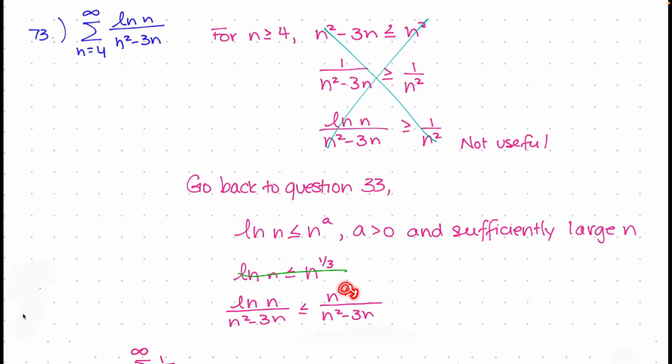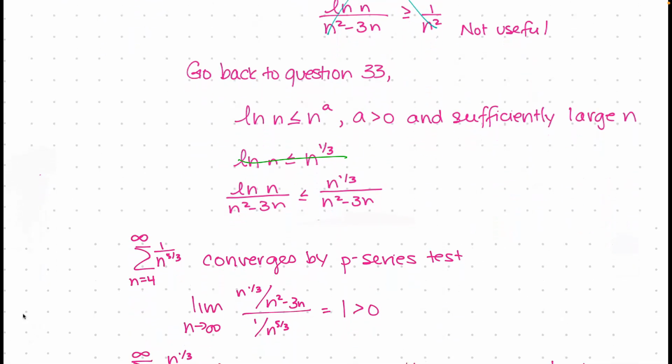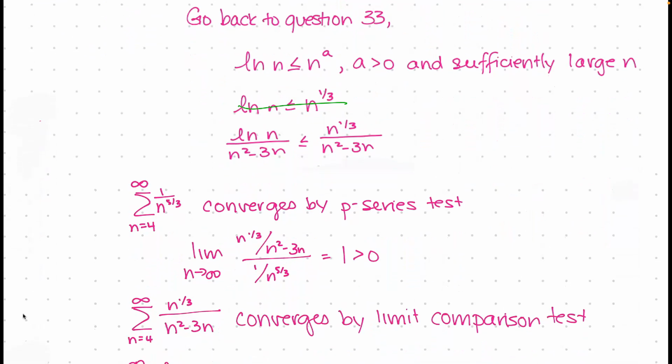You can make an inequality to make it like a P-series and figure out what values of A will work. I don't remember what values I end up with, but if A is 1/3, it fits into that inequality. Once we have that, I used the limit comparison test and was able to figure out that it converges.